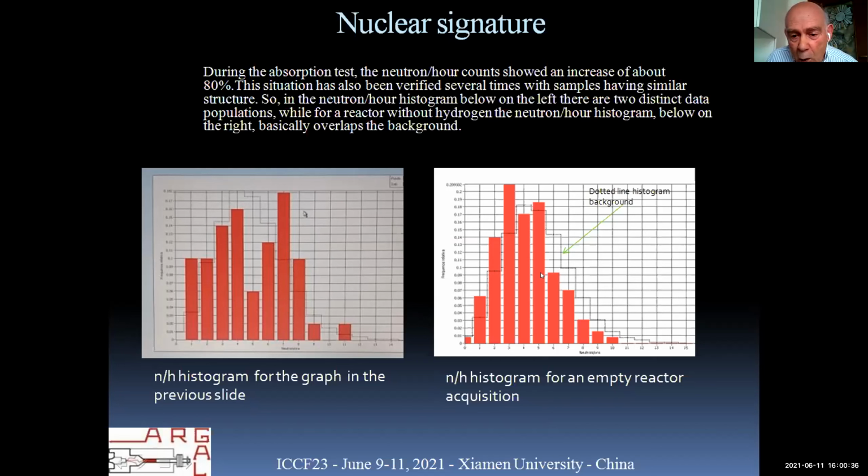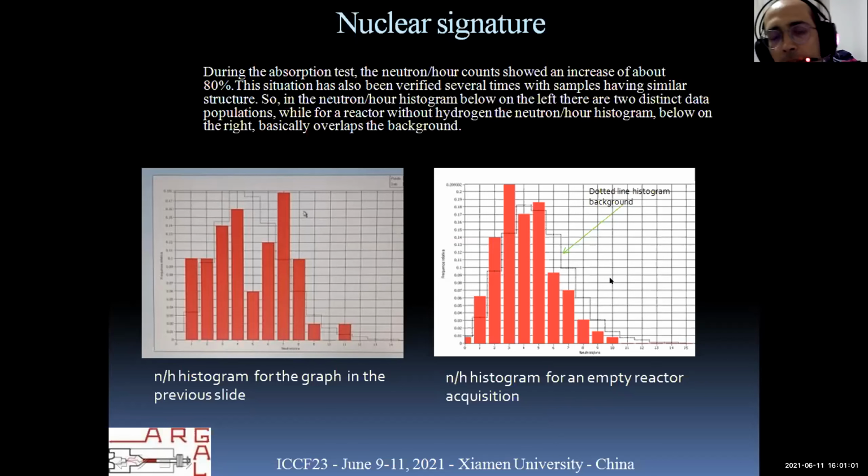When there is no sample inside the reactor, the histogram of the distribution of neutrons overlaps, plus or minus, the background that you can see here in dotted line. Okay, is it enough?